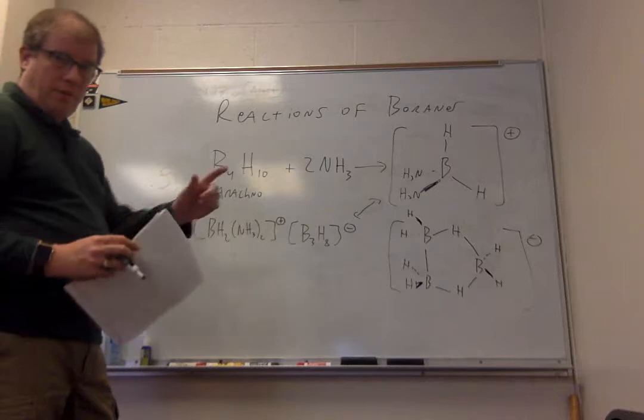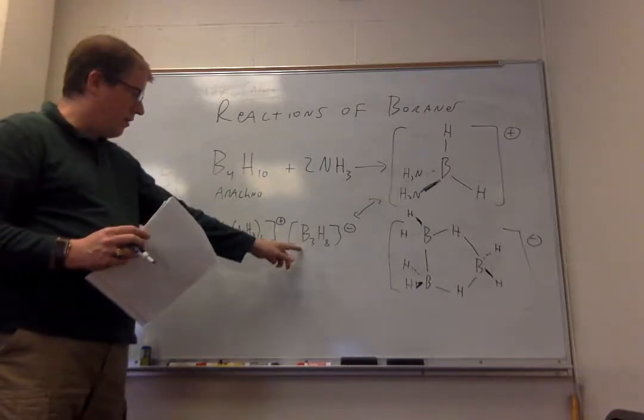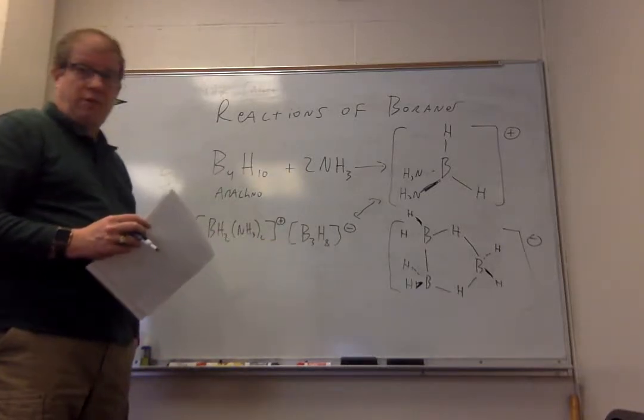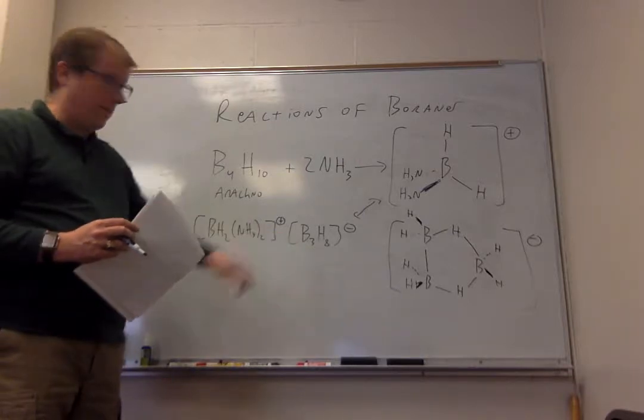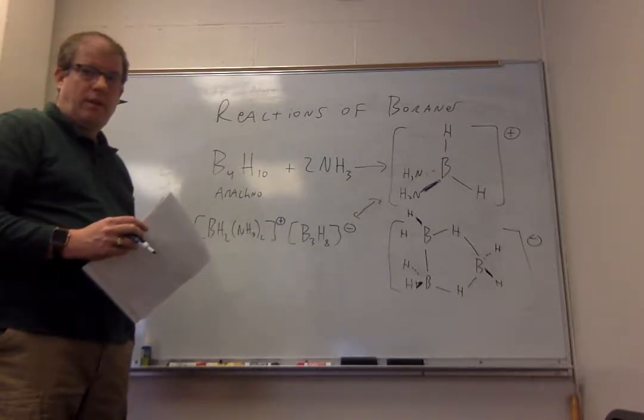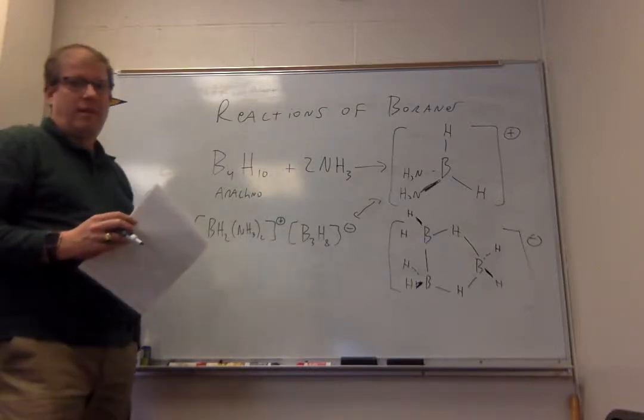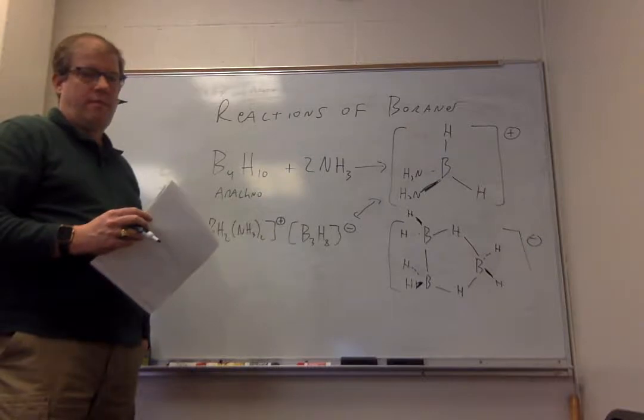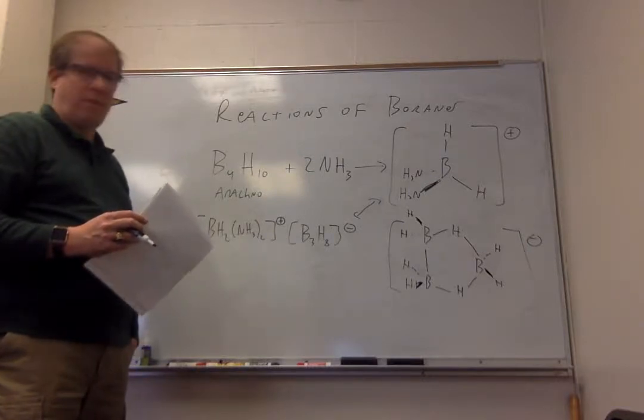Now, the question that might be asked, though, is what is the structure class of this thing? Is it closo? Most certainly not. Is it nido? Which is possible. Or is it arachno?